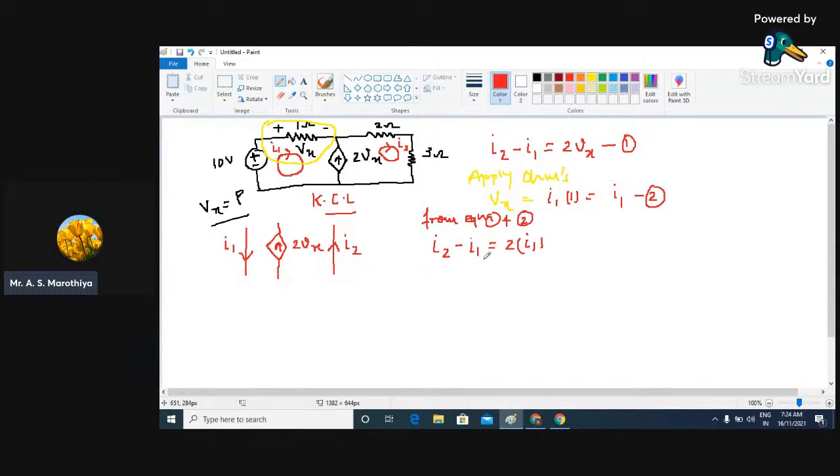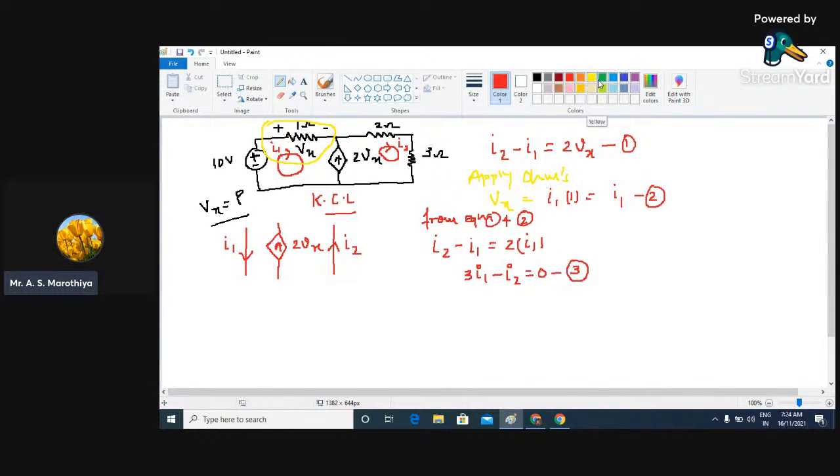If you solve this and shift to the right hand side, I can write this as 3 times I1 minus I2 is equal to 0. This will be your equation number 3. So this is the first equation in terms of I1 and I2. That means 3 times I1 minus I2 is equal to 0.